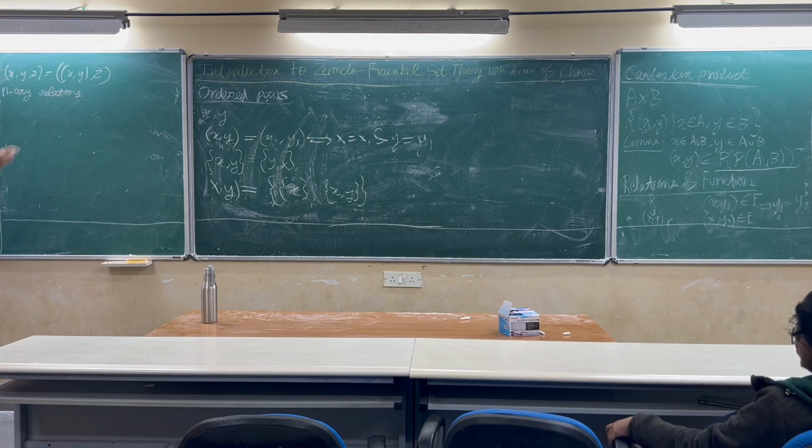But all this can be done only in the finite case, when we have finitely many members. And what exactly does finite mean, that will be formalized soon. But to generalize the notion of Cartesian product, we will be using functions. I'll introduce that soon. But before we go into that, I want to talk about the construction of natural numbers.